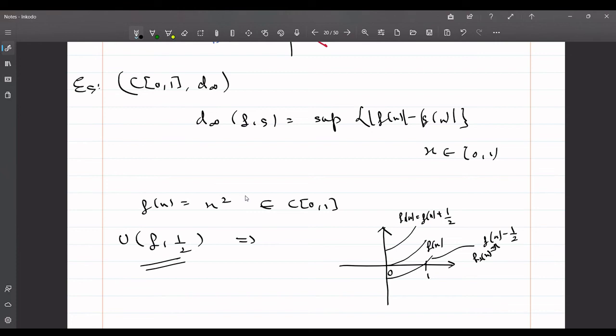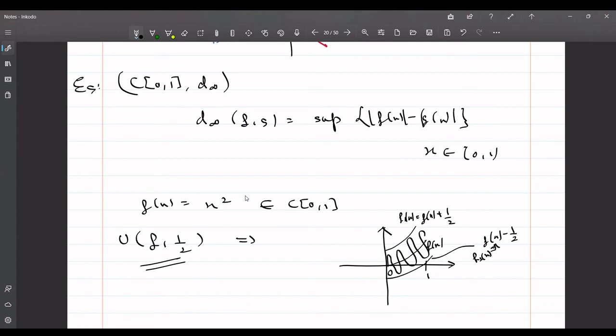Obviously, because if you choose any function from this region, let's say a function of this sort, the maximum distance between f(x) and this function is half, right?